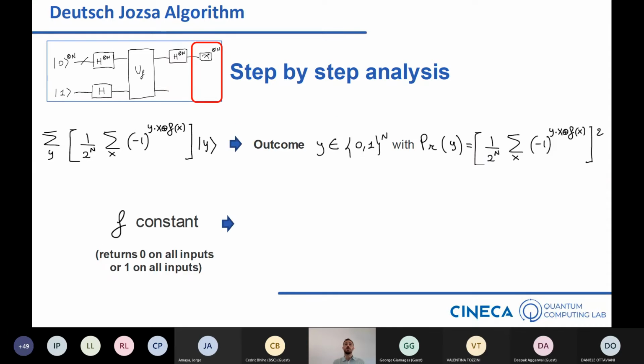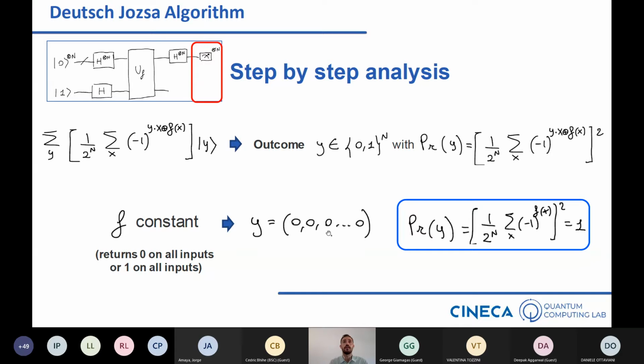Okay. So what happens if f is constant? I recall that f is constant when it returns 0 for all inputs, or it could be that f returns 1 for all inputs. So one of these two possibilities. What happens if we substitute 0 or 1 here?